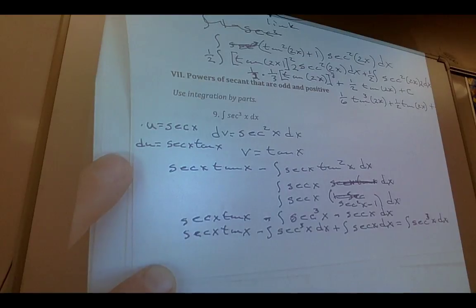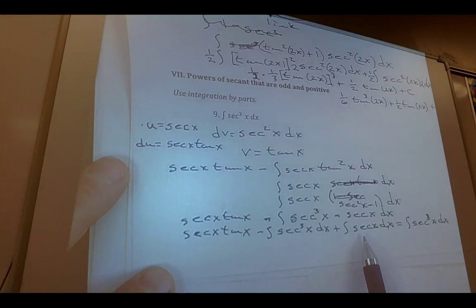But then I have to be able to integrate, what's the derivative of secant? Oh, the antiderivative of secant.